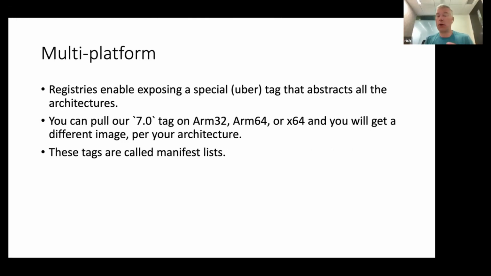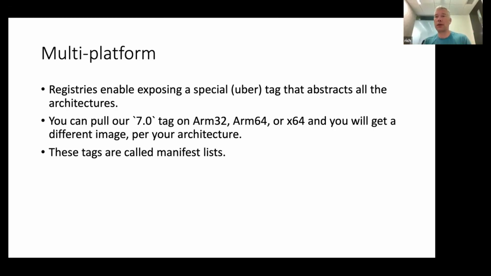One thing you might not realize is that container registries have this special type of tag that abstracts all the architectures. They're called manifest lists, sometimes called multi-arch tags or multi-platform tags. So when you pull a 7.0 or a 6.0, like all those tags I was pulling, you probably saw they didn't have architecture in them.